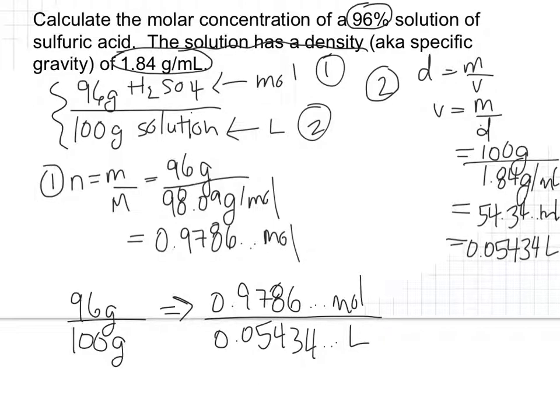And so now we can just do this calculation to get a molar concentration. If we do this, we get 18 moles per liter, or we could also write just big M as our units.